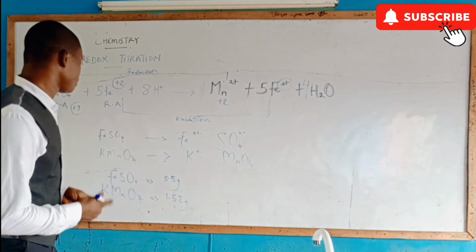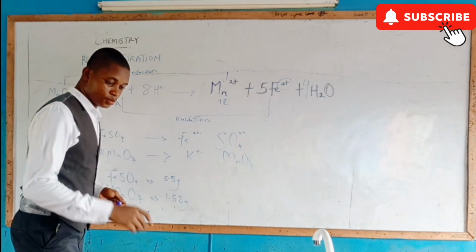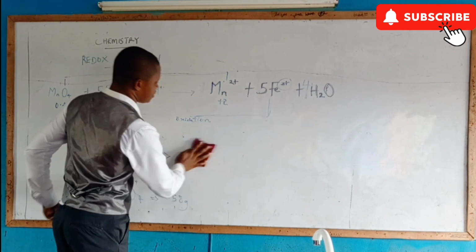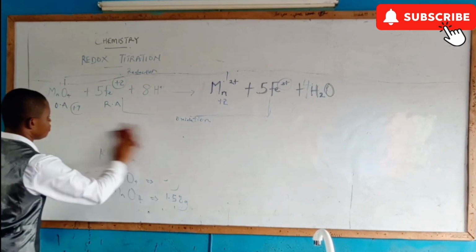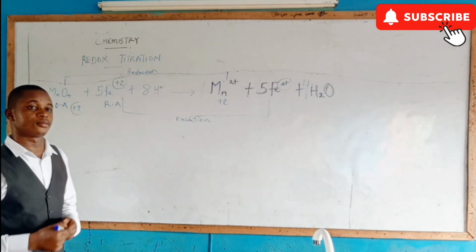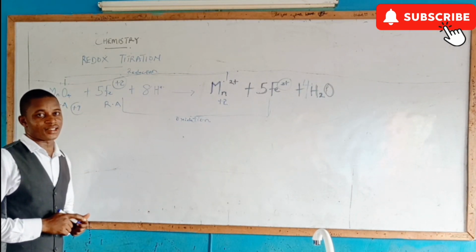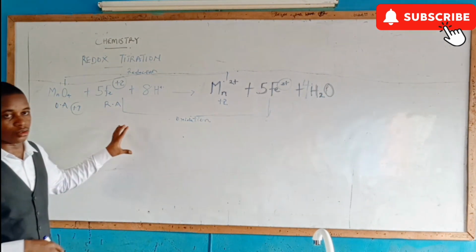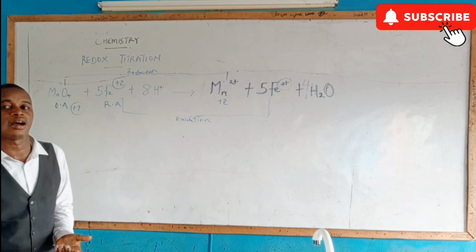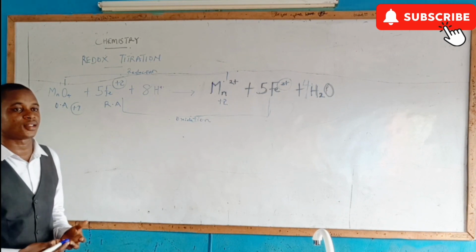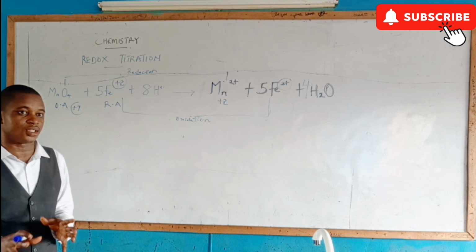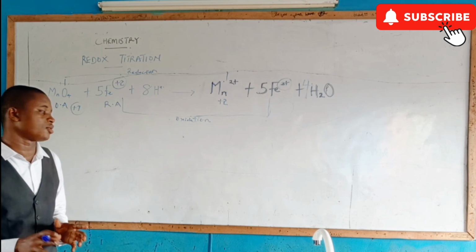Aside from this, there's a way we can actually get the volume of acid that will be used. And this is the theoretical part of it, not the practical, or not the titration itself. So please do not mix it up.